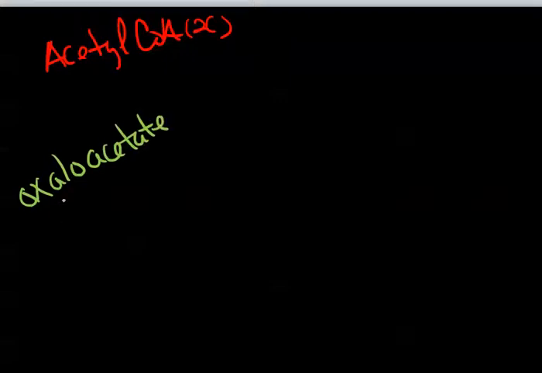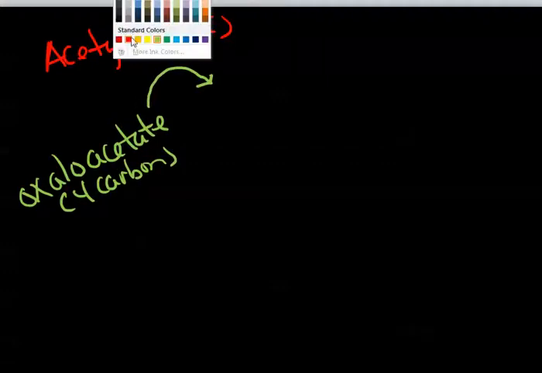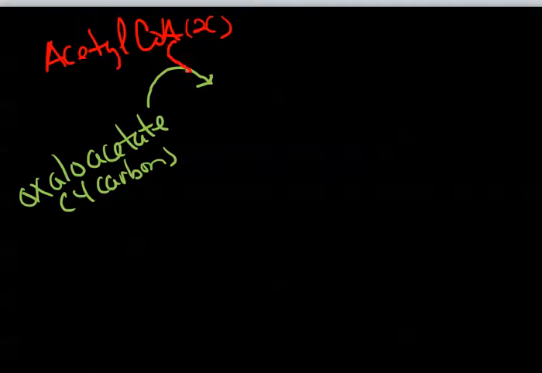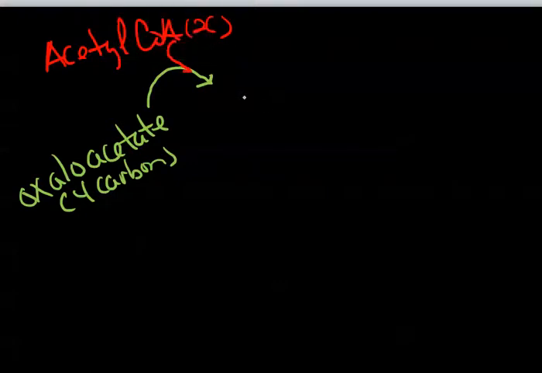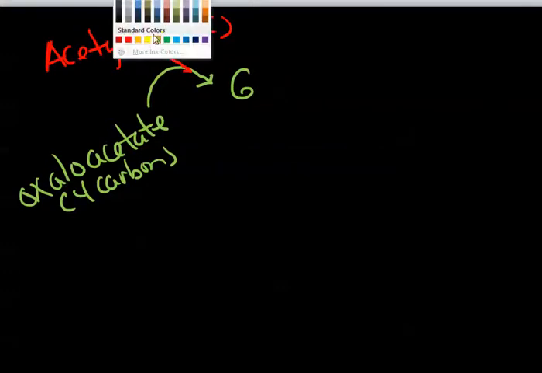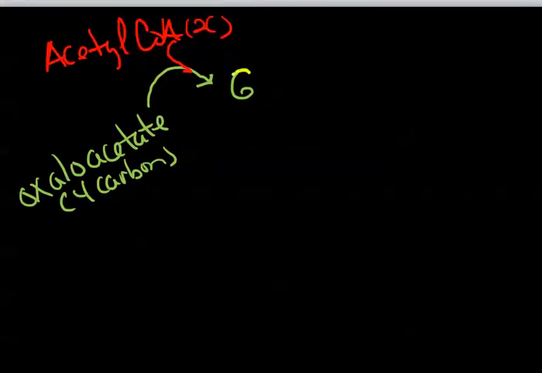And that just happens to be a 4-carbon molecule. That's going to come here, and acetyl-CoA is going to join it, and we're going to get a 6-carbon molecule that is known as citrate.